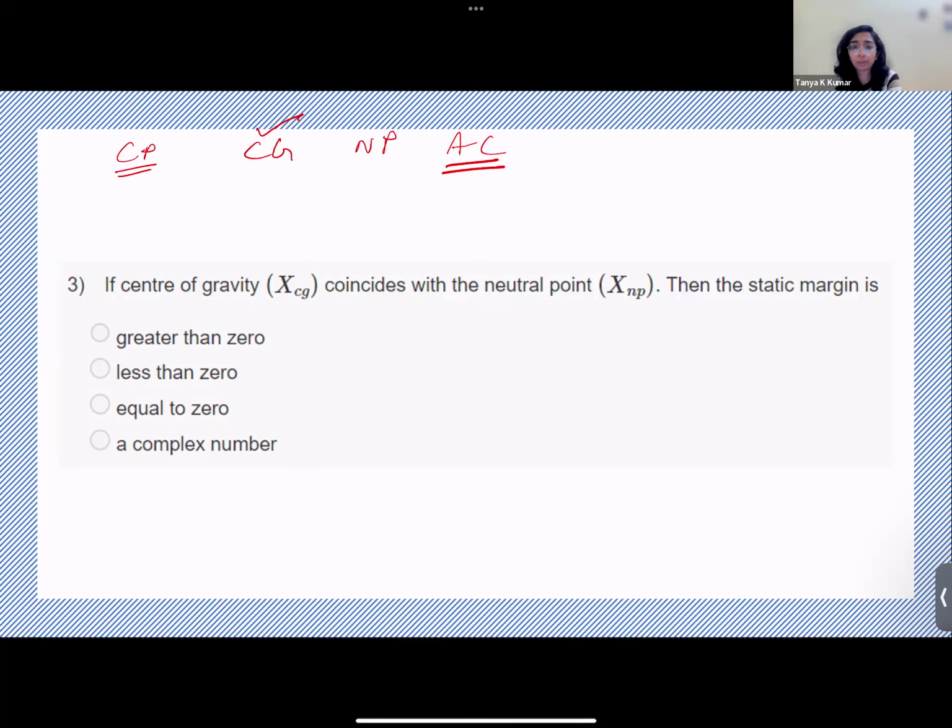Exactly, where the pitching moment is independent of angle of attack. That's the aerodynamic center, where Cm, the pitching moment coefficient, is not dependent on angle of attack.